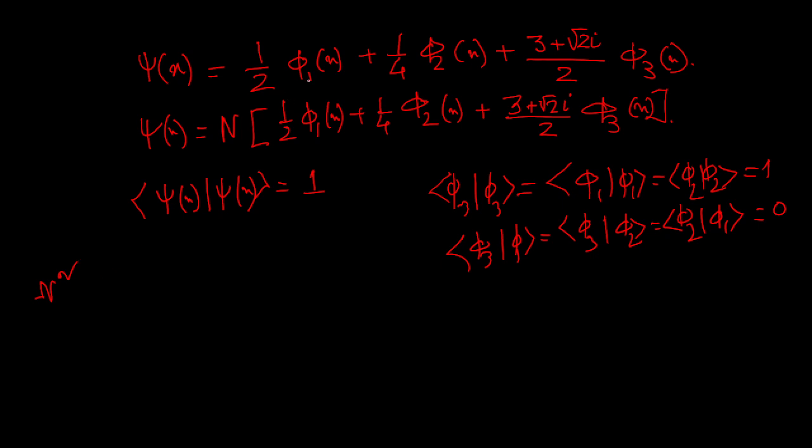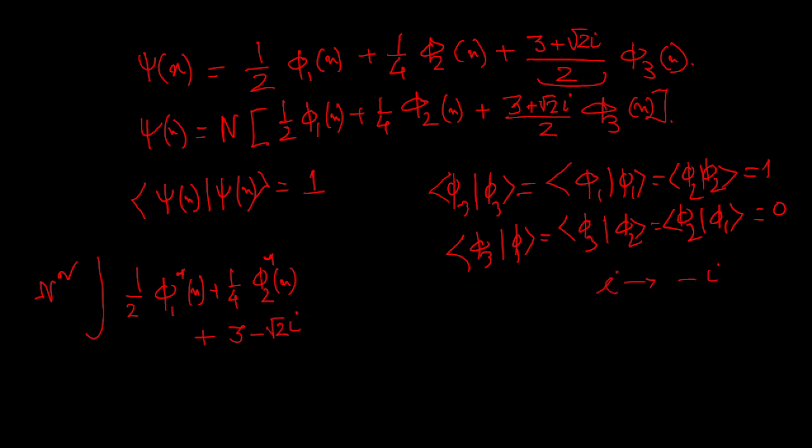Now this is what we will get. We can write it as the integral of half of psi 1 star x, 1/4 of psi 2 star x, plus the conjugate of this term: 3 minus 2i, so the conjugate of i is minus i, root 2 psi 3 star x.